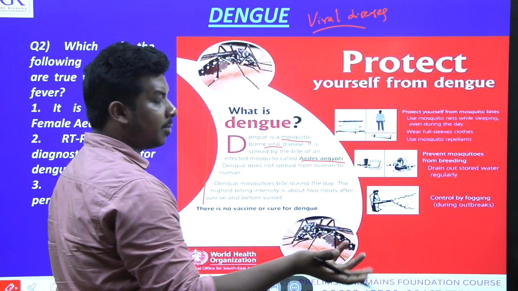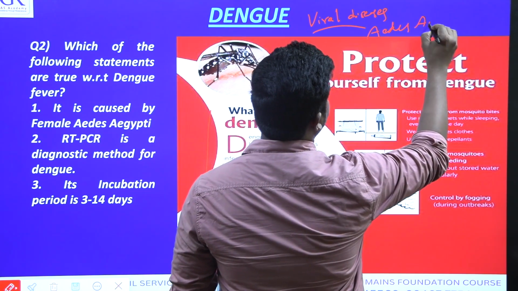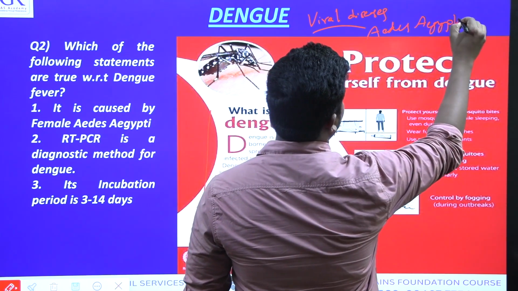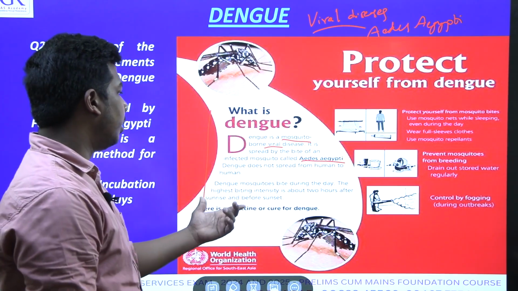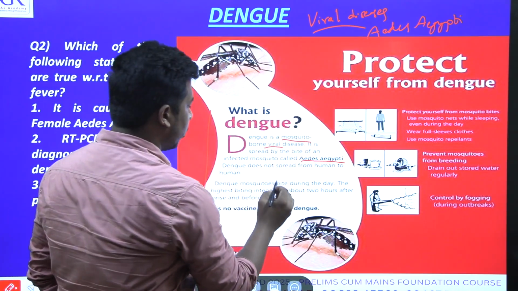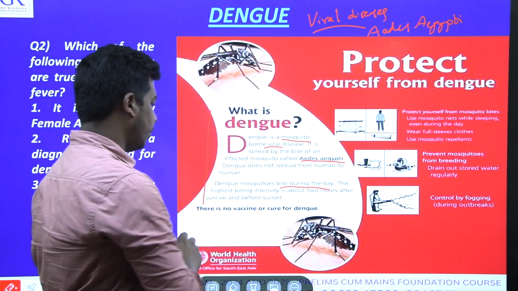The name is dengue virus, and it is spread by a mosquito called Aedes aegypti. Not all Aedes aegypti, only female Aedes aegypti, and this mosquito bites only during the day, not night.